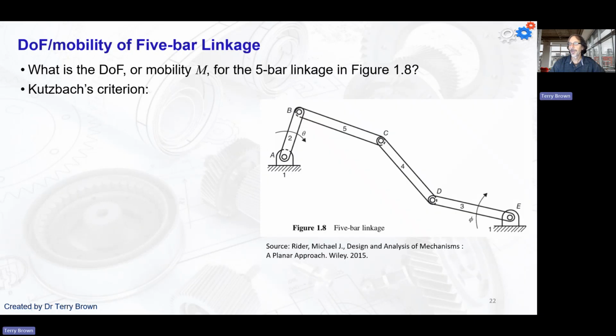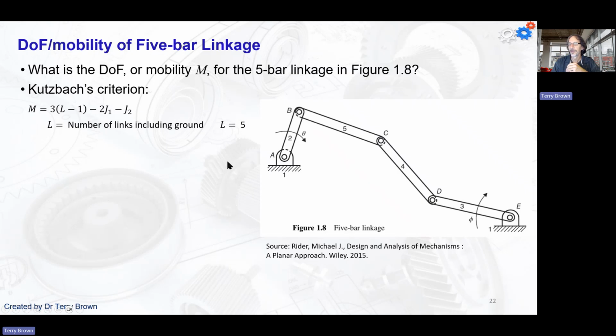All right, what about a 5-bar linkage? Here we've got our 4-bar linkage, and we just put an extra link in there. What happens to the mobility? Number of links including ground. The name gives it away.